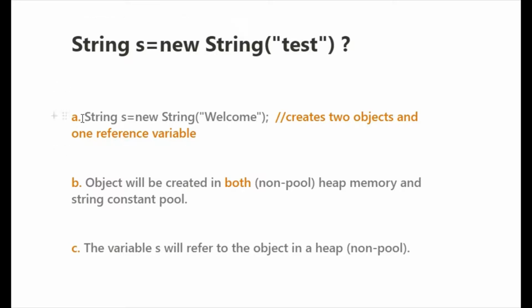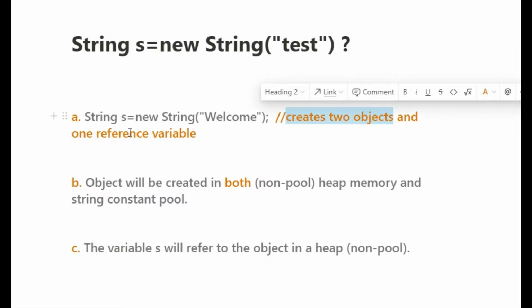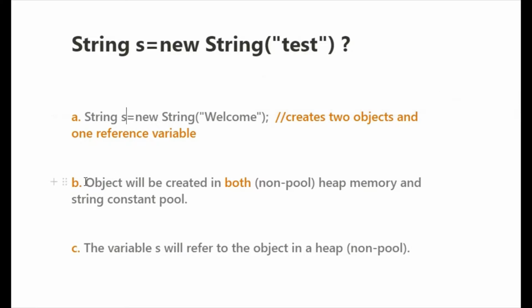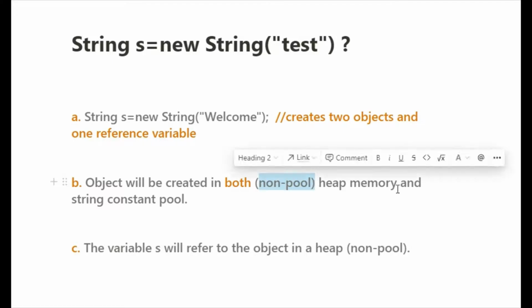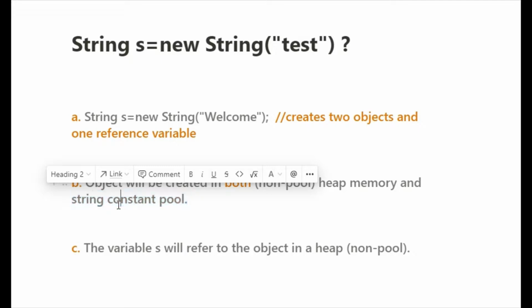See here the first point, String s = new String("welcome"). It creates two objects and one reference variable, that is s. The object will be created in both the non-pool heap memory and the string constant pool. The string constant pool is where string literals are created. So two objects will be created, in both non-pool and the string constant pool.